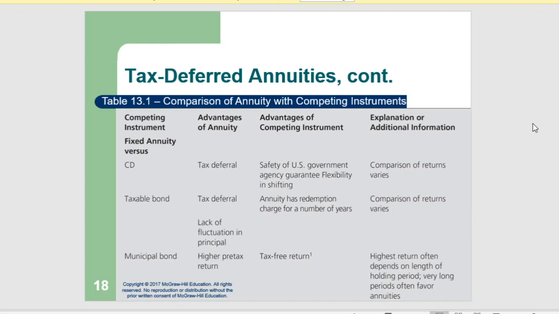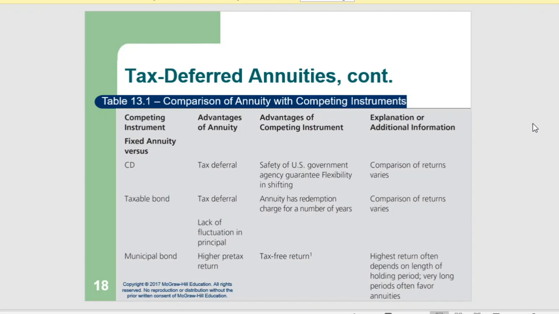The advantage is that a taxable bond is marketable, not easily, but you can sell them. You can end up getting a stream of income from your taxable bond, but the taxes are timed differently. Depending on the marginal tax rate now of your client versus the marginal tax rate later when the income is coming, it can be smarter to do one or the other.